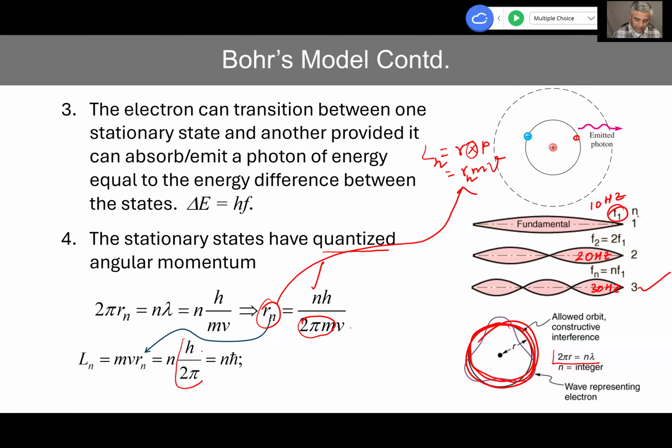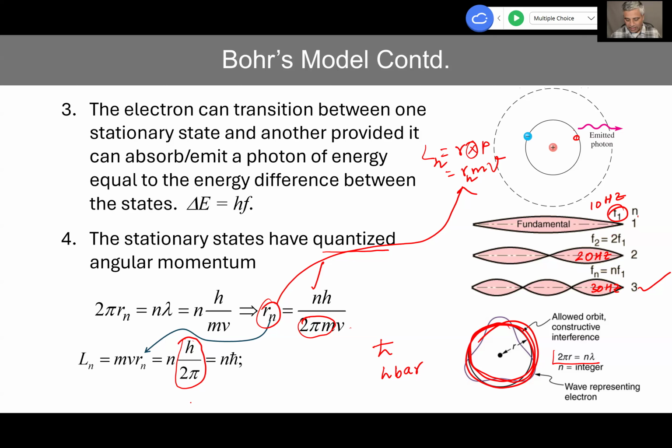And there is this notation for h over 2 pi. It's a kind of standard notation. See how rather than h, there is this bar, h bar. It's also known as h bar, but it is basically h over 2 pi.